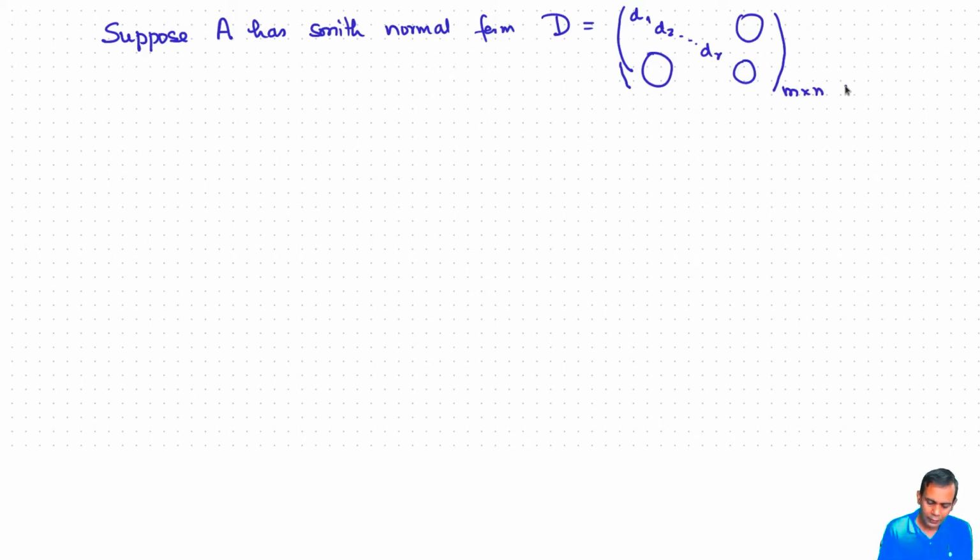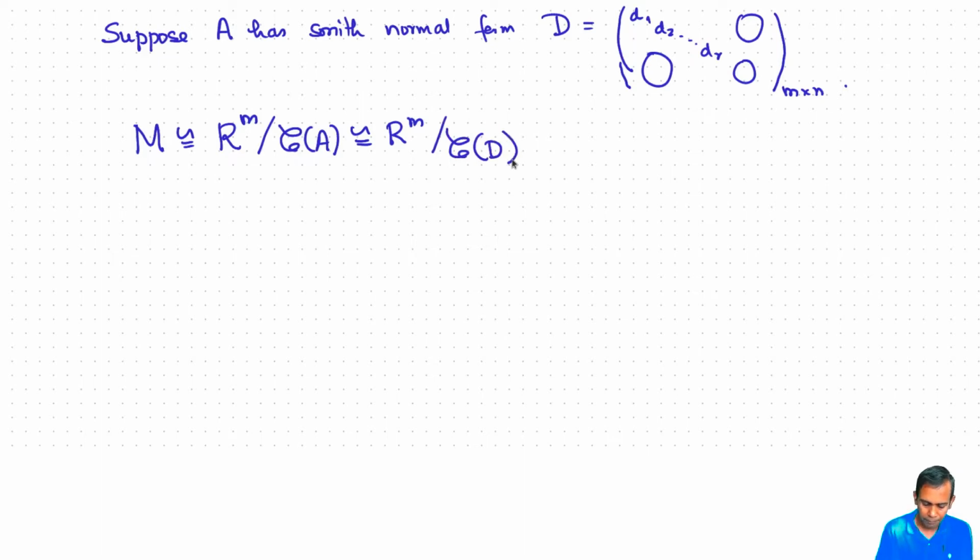Then what we have is that M is isomorphic to R^n mod the column space of A, but A is equivalent to B, so M is isomorphic to R^n mod the column space of B.